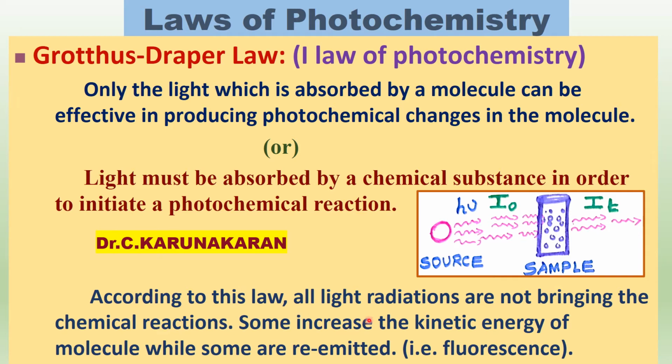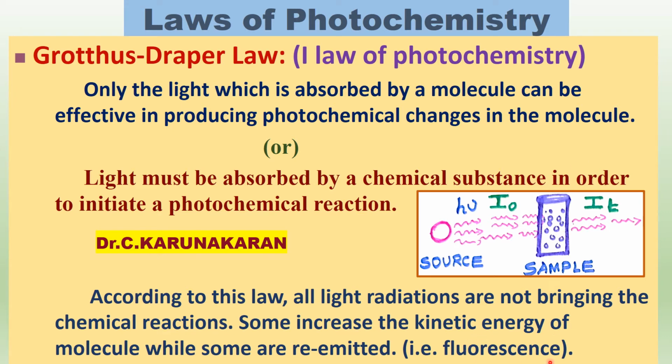According to this law, all the light radiations are not bringing the chemical reactions. See, only those light energy absorbed are effective in causing photochemical changes. For example, some photons will collide with the molecule and increase the kinetic energy of the molecule, while some are re-emitted after immediate absorption.